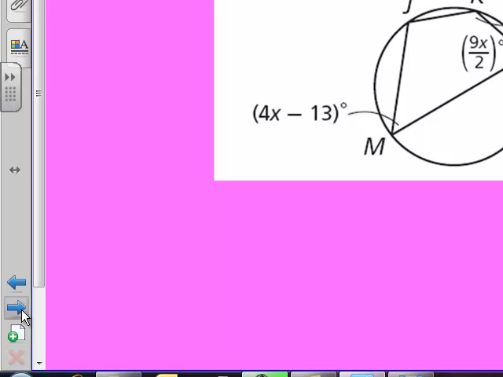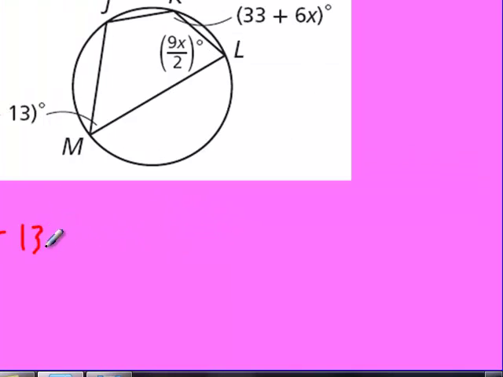Okay, so likewise here, if I'm given these opposite angles, then what I could do is just say, okay, the 4x minus 13 plus the 33 plus 6x would equal 180.